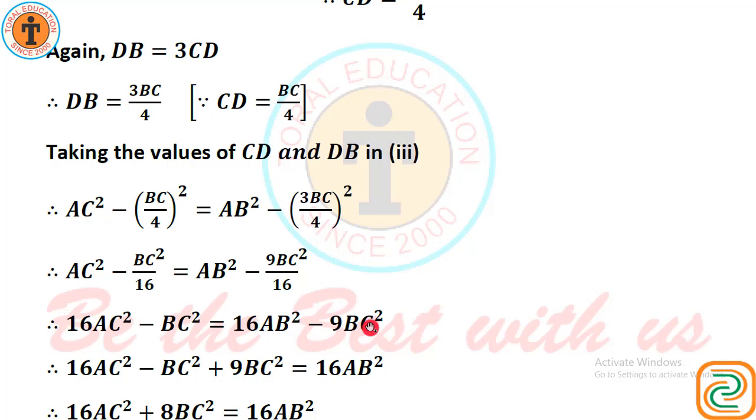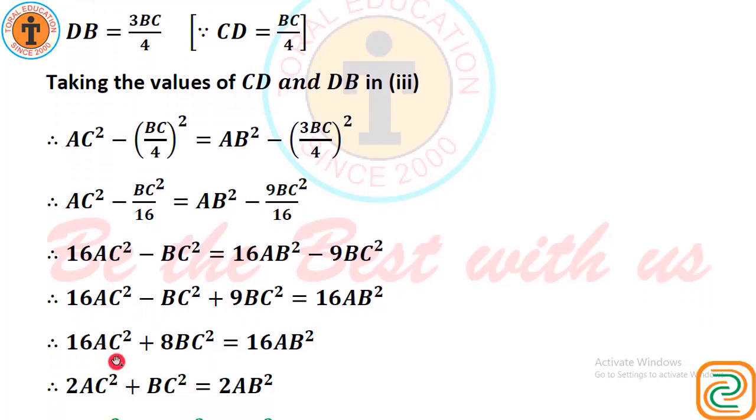Here 9 BC square will go to the left side, it will be plus, that is 8 BC square. Here 16 AC square remains as it is. So 16 AC square plus 8 BC square equals 16 AB square. Take 8 common, or divide by 8.